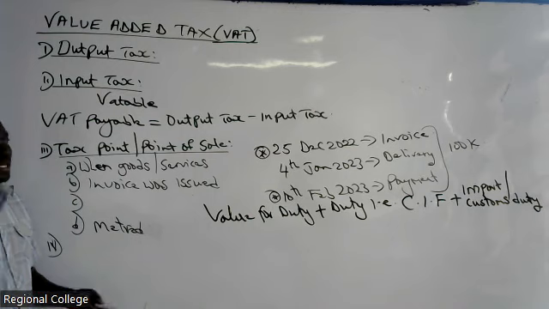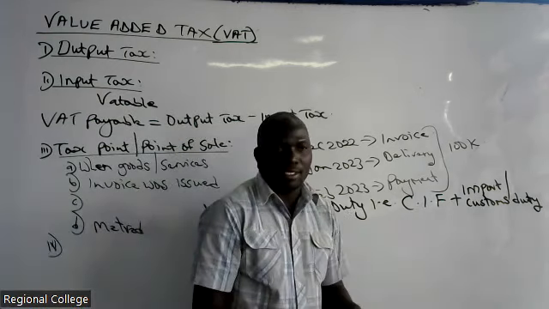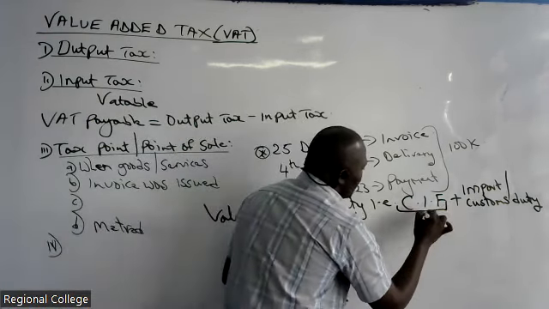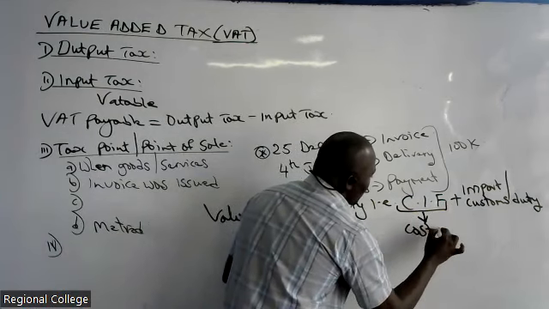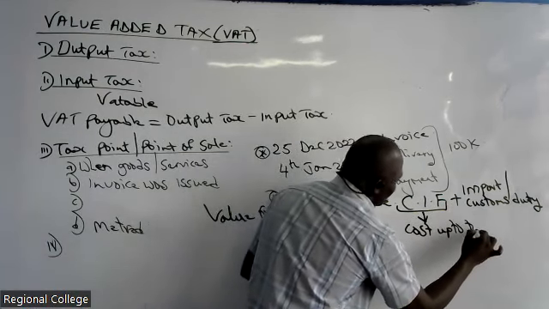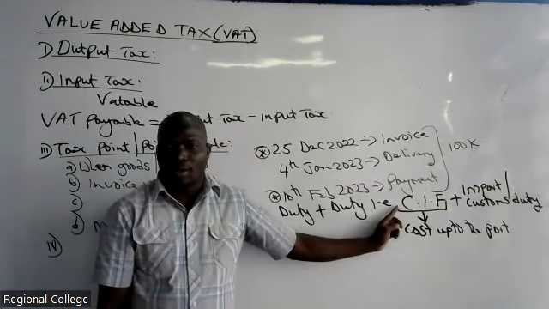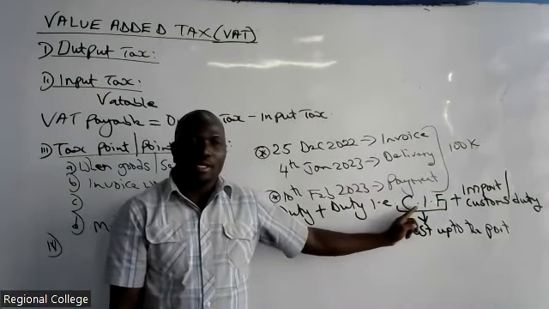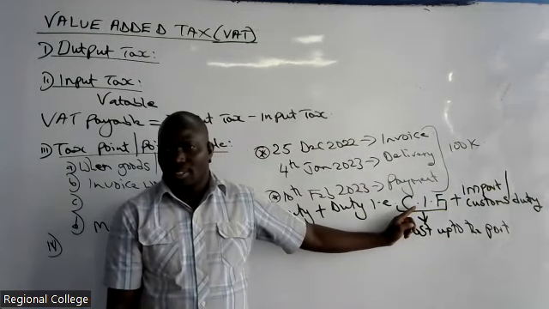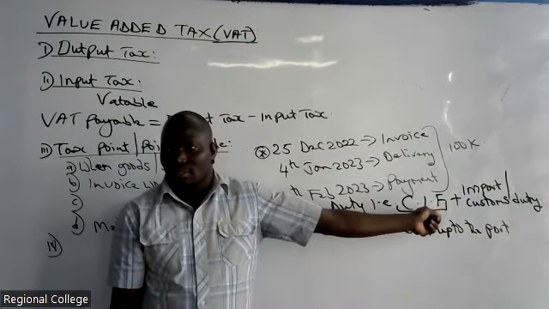So by the way, the cost, insurance, and freight, this one is the cost up to the port. Cost is the price in the home country. Insurance is on transit. Now freight is the transport costs.